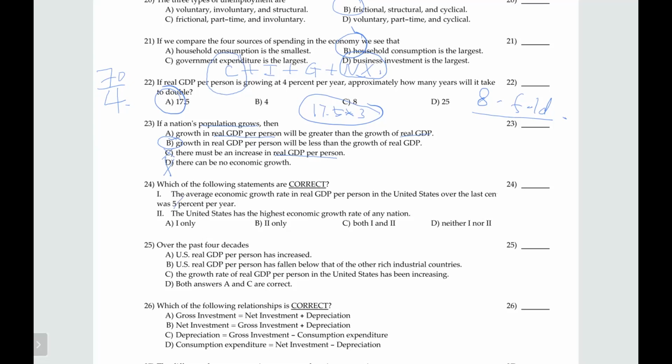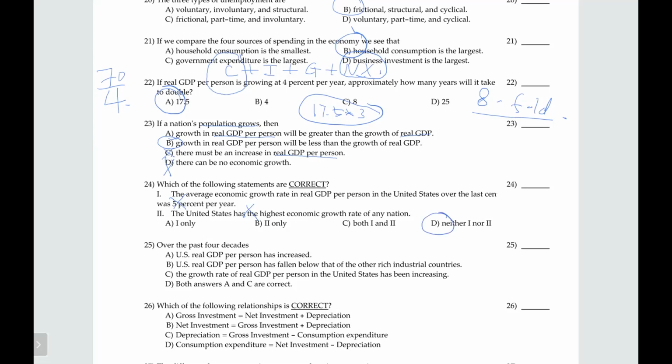No, it's between 2 and 3% in the United States. Two, the United States has the highest economic growth rate of any nation. That's also not correct, right? So you should realize China, India, their growth rate is much higher than the United States, right? So the answer is D.